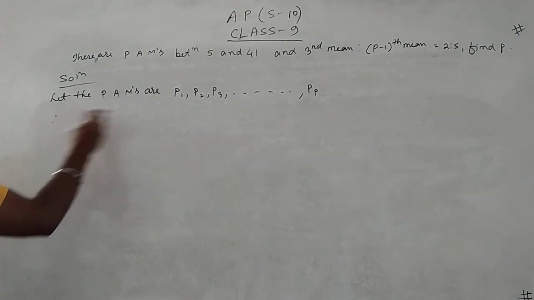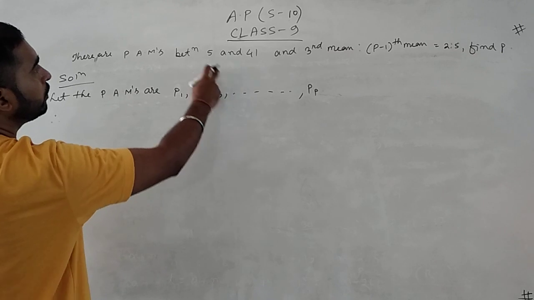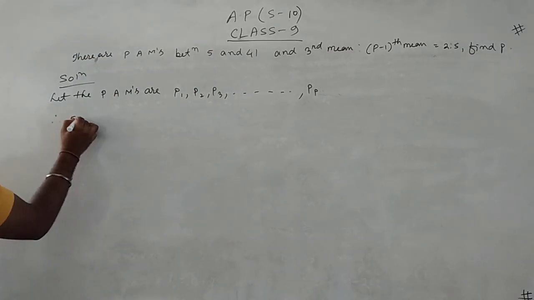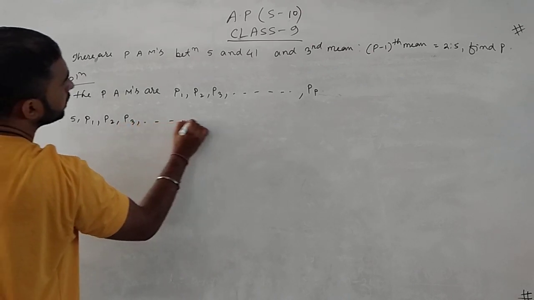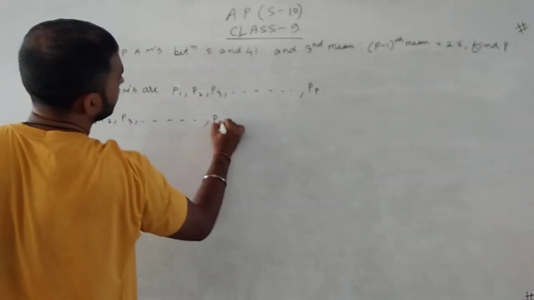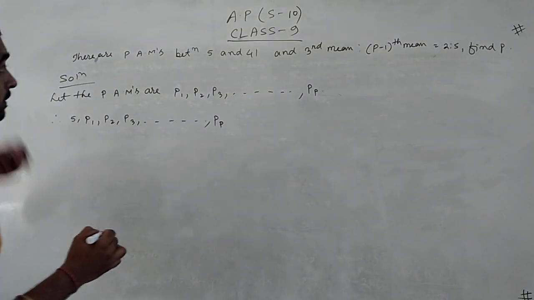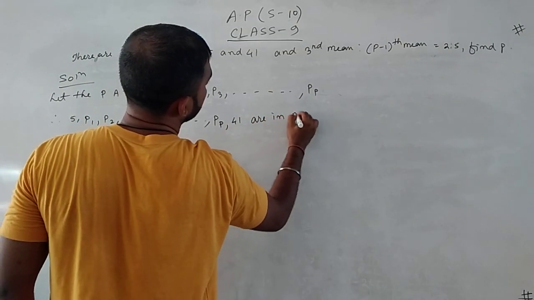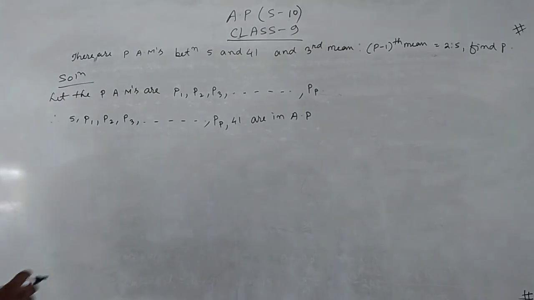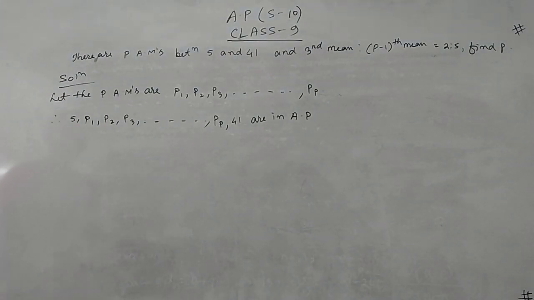Therefore, these are the AMs between 5 and 41. That's why 5, P1, P2, P3 up to PP, 41 are in AP.